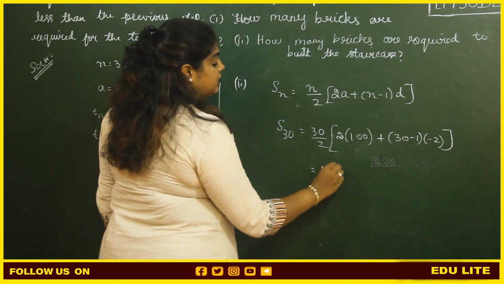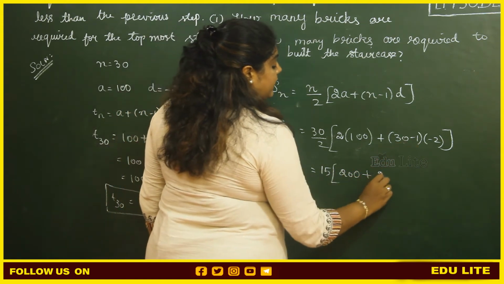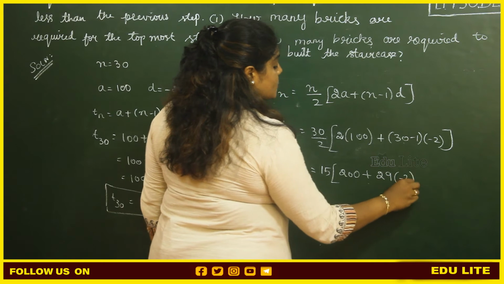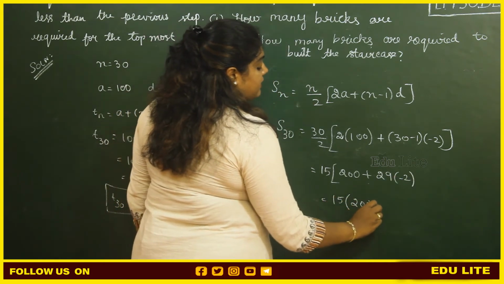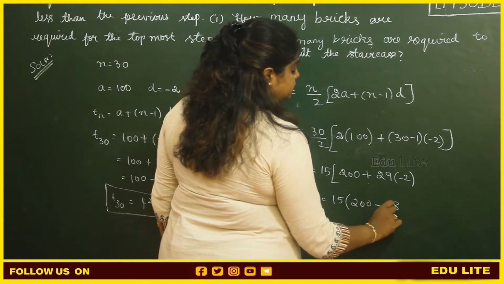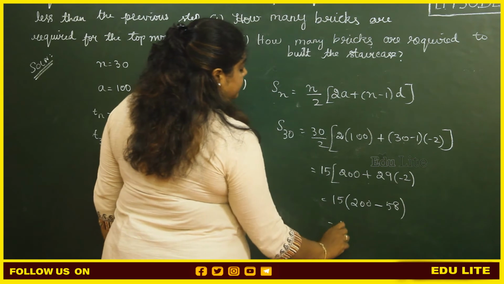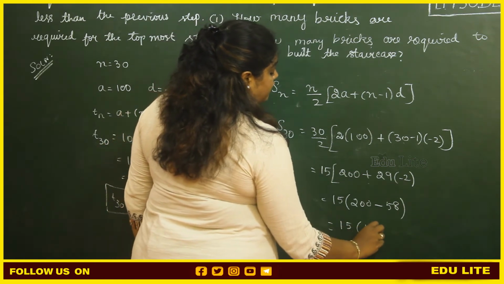Therefore 15 into 200 plus 29 into minus 2. 15 into 200 minus 29 into 2, it is 58. 200 minus 58 is 142.